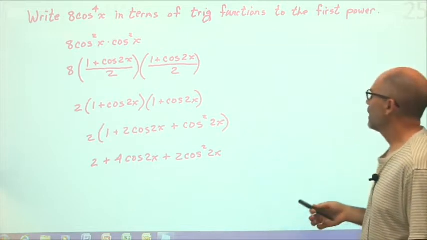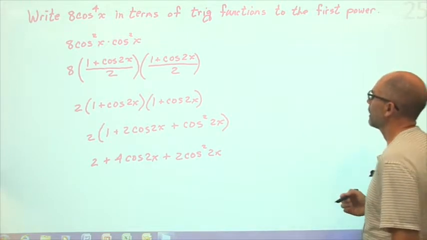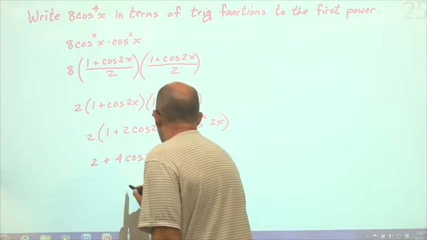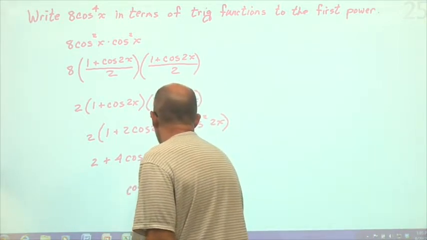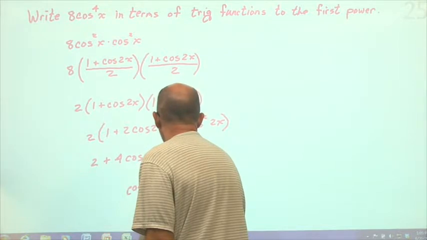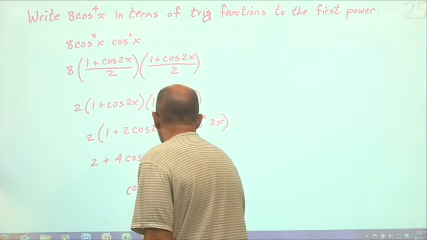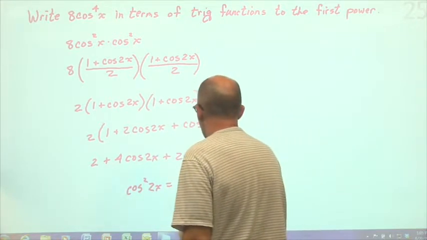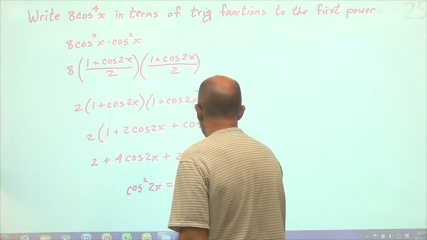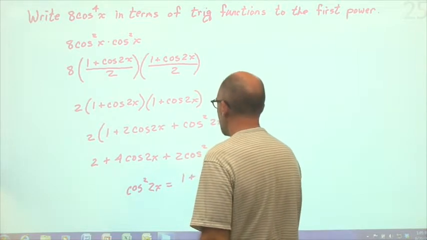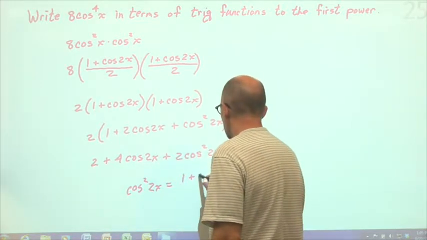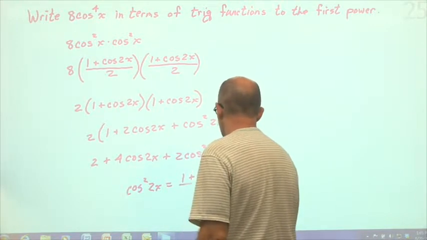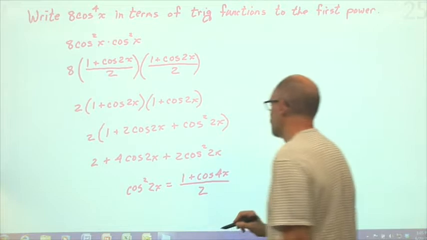And so let's just put down here, cosine squared of 2x equals 1 plus, now cosine 2 of 2x is going to be cosine 4x, over 2.